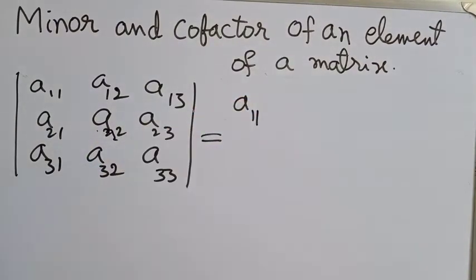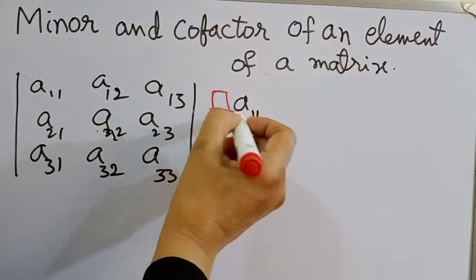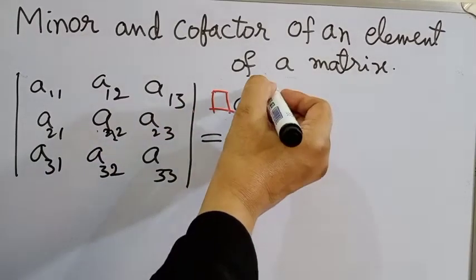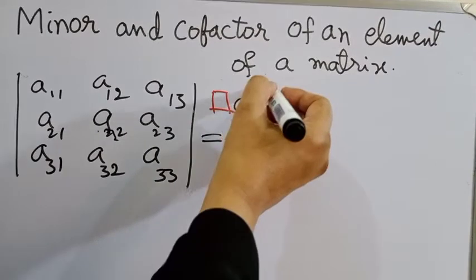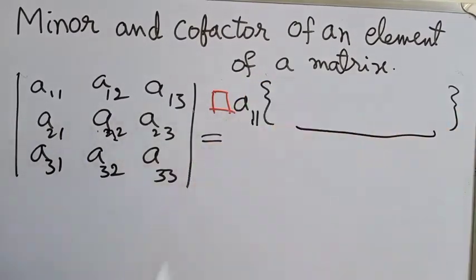Now we observe that there is a problem of sign. Here we have some sign, and next we observe that this element a11 is multiplied with something, and this something is very important. Why is it important?